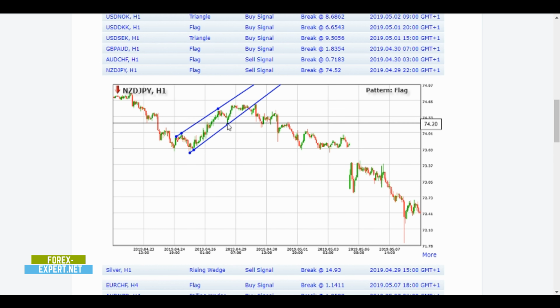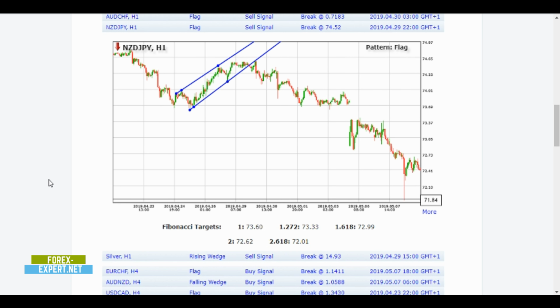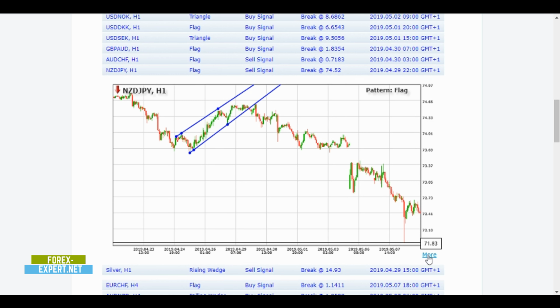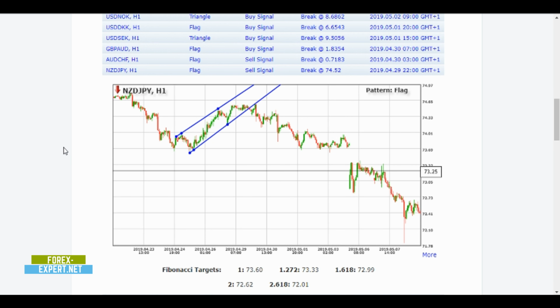As you can see here, the momentum is a little bit weaker than the trend one, and the price started to go down at 71.81, hitting all the Fibonacci targets. So if you are a beginner, you will also find the Fibonacci targets to put your take profit.